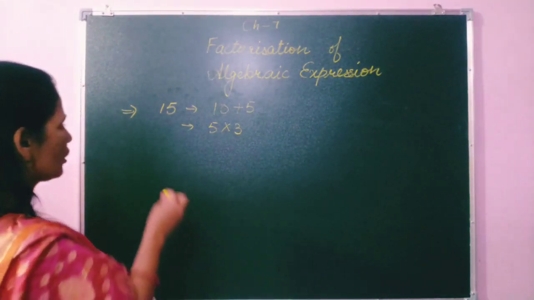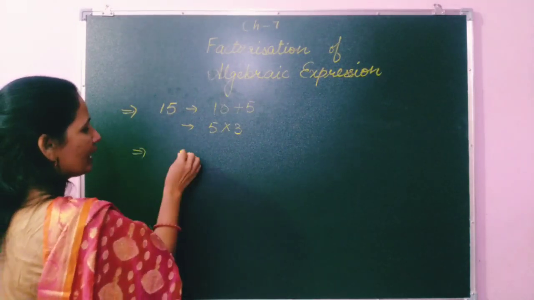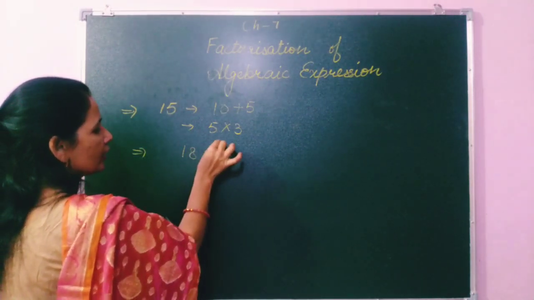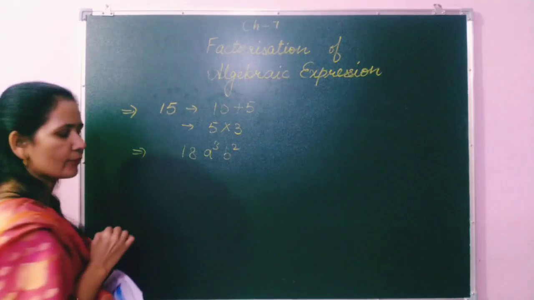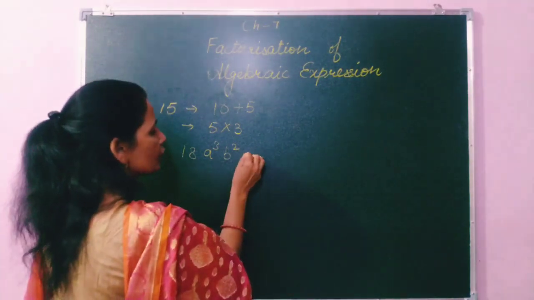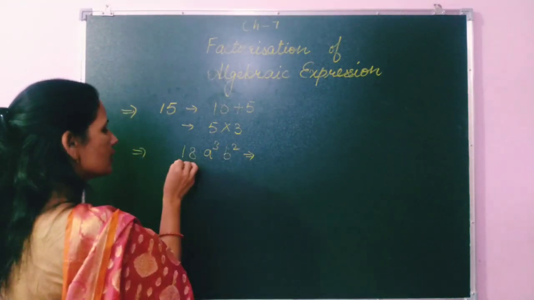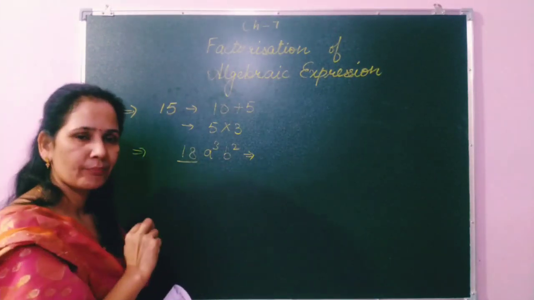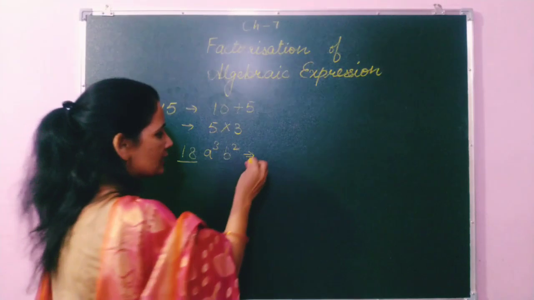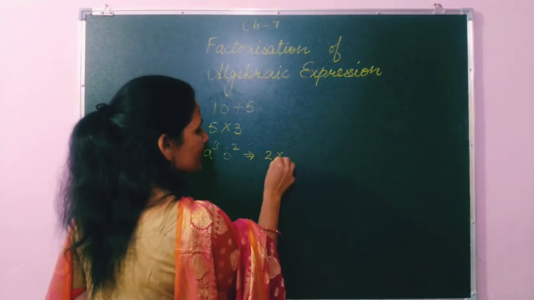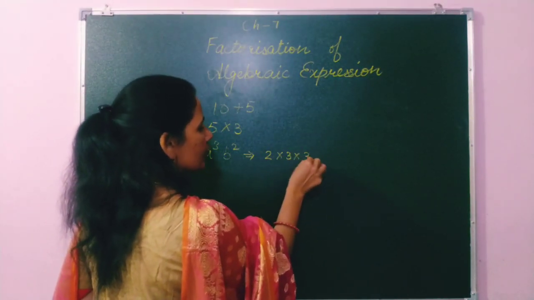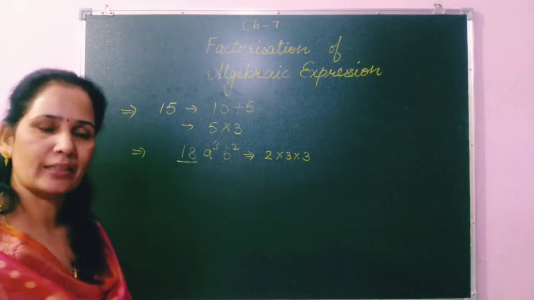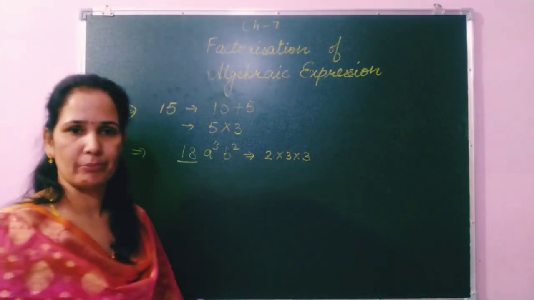Let's take this in the case of a term. For example, we have the term 18a cube b square. So first of all students, whenever you are going to make factors, first make the factors of the numerical term. Here the numerical term is 18 and we can write 18 as 2 threes are 6, and 6 threes are 18. Now we have written all the factors of 18 as prime numbers.